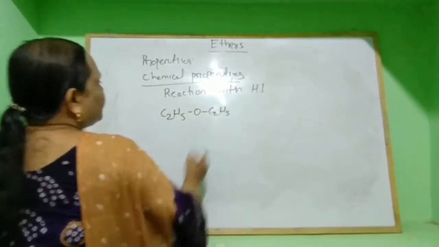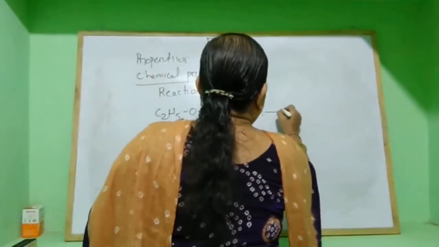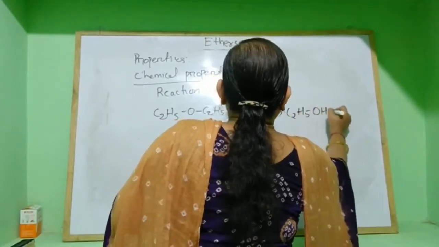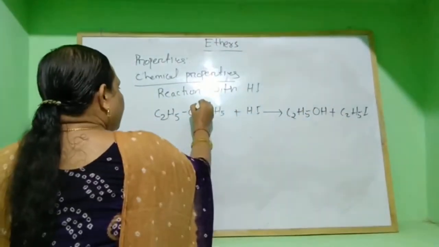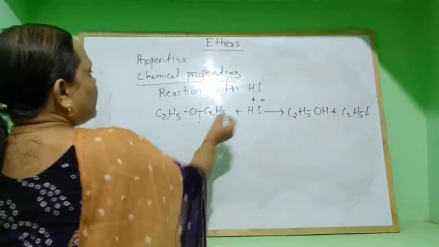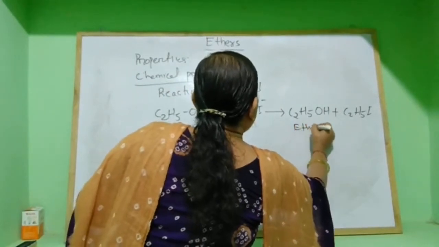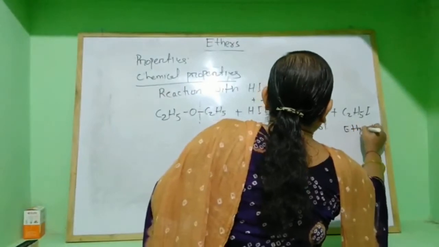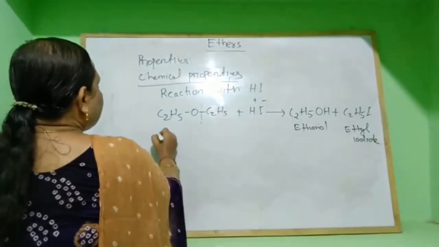C2H5OC2H5 plus HI gives rise to C2H5OH plus C2H5I. Here bond breaking takes place, H plus and I minus, and H plus combines here to form ethanol, and this is your ethyl iodide.